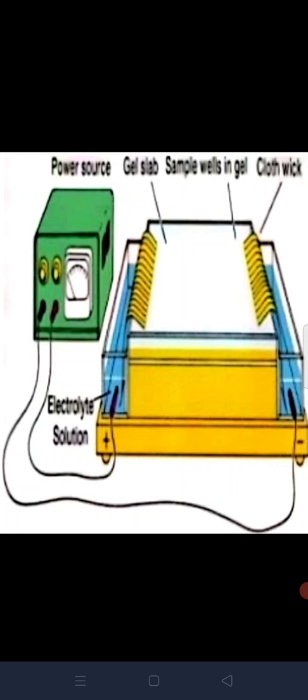The bigger molecules have more molecular size and the smaller molecules have smaller molecular size, and they move to their respective electrodes. Here the agarose gel acts as a sieve.